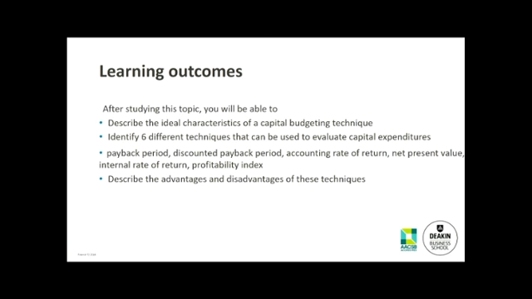Payback and discounted payback apply the same methodology and approach. Accounting rate of return is more like an accounting method. NPV, internal rate of return, and profitability index consider the risk factor. And finally, for each of those approaches and methods, we will discuss the advantages and disadvantages. Okay?